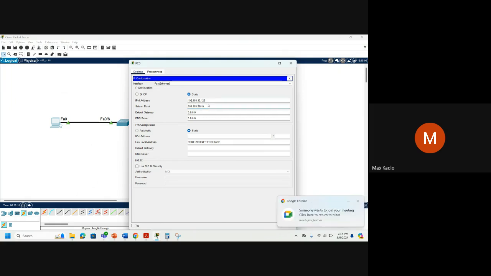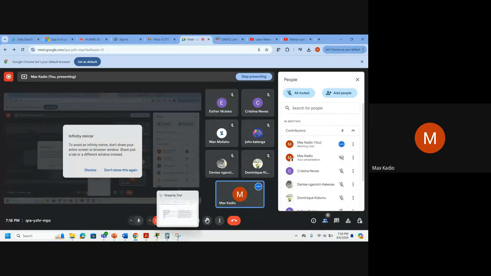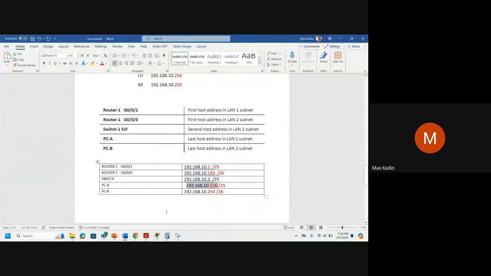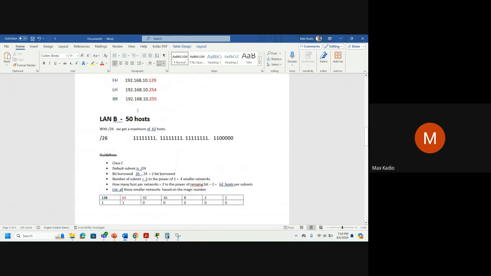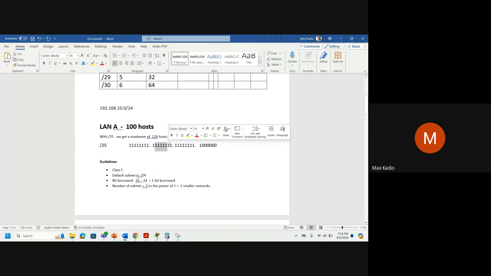So if it says slash 25, if you convert everything in decimal, this one will be 255, 255, 255, and 128.